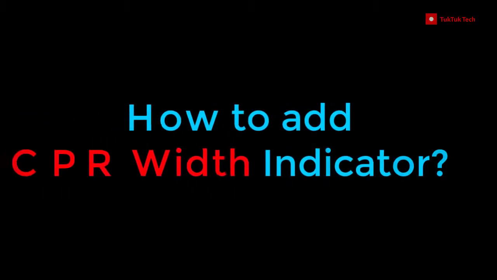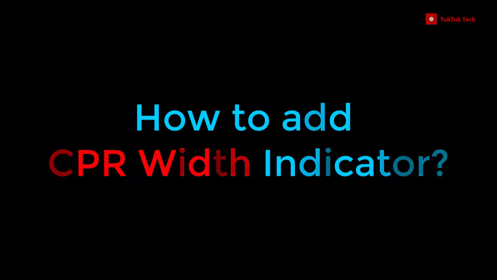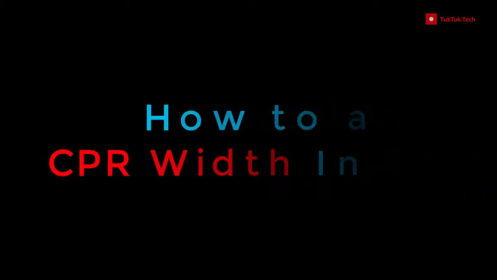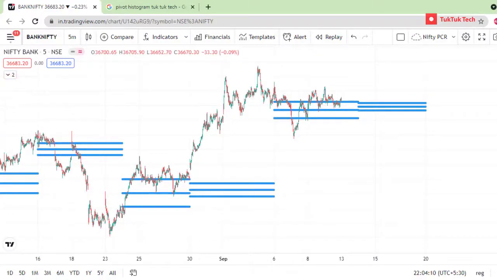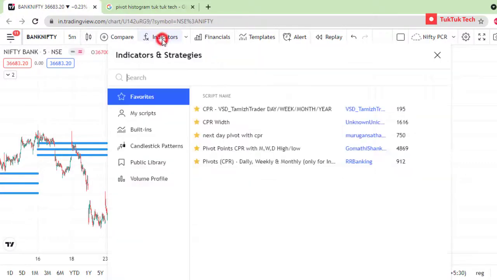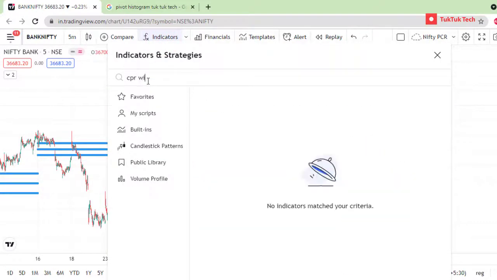How to add CPR width indicator for weekly and monthly charts. Open Indicators and Settings and search CPR width.